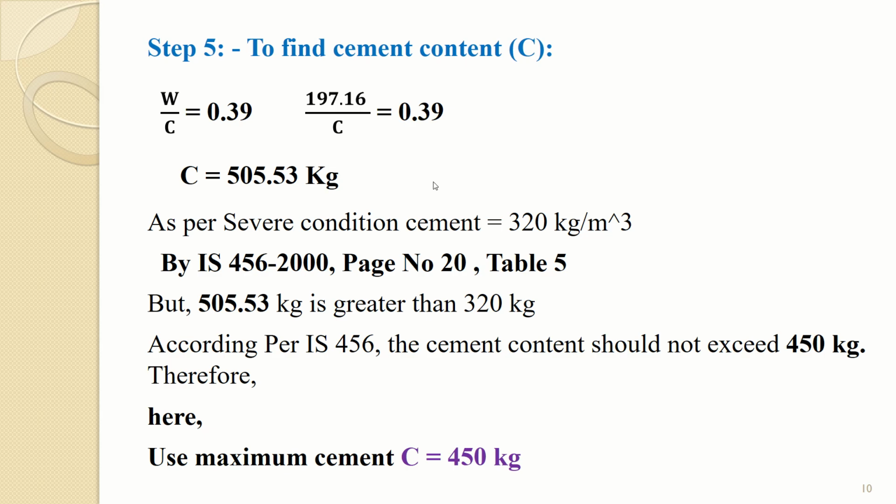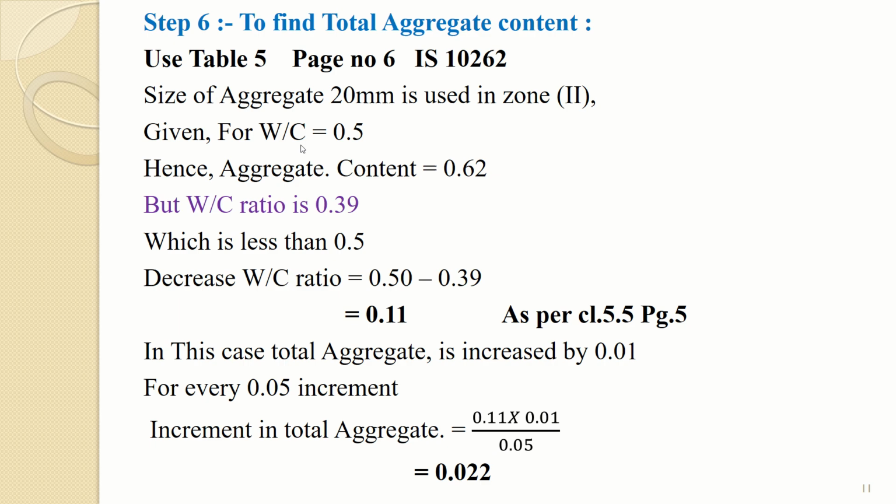What we did till now: we have calculated water cement ratio, water content, and cement content. Now we'll move to find the aggregate content. Here the steps are given to find the total aggregate content. Use Table 5, page number 6 of IS 10262 for 20 mm size aggregate and zone 2.